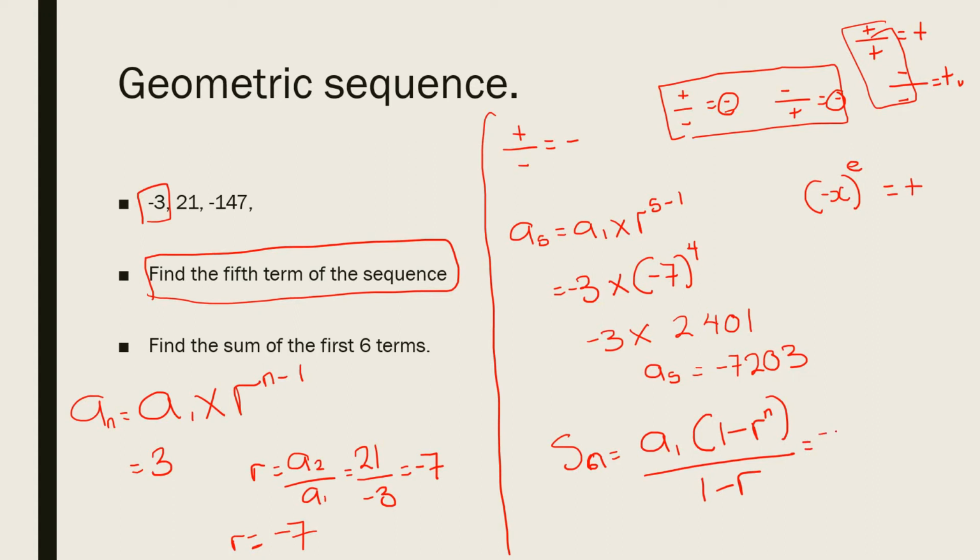Our A1 is minus 3, times bracket, 1 minus, now let's put our minus 7 in bracket so we don't get confused, minus 7 to the power 6, over 1 minus minus 7.